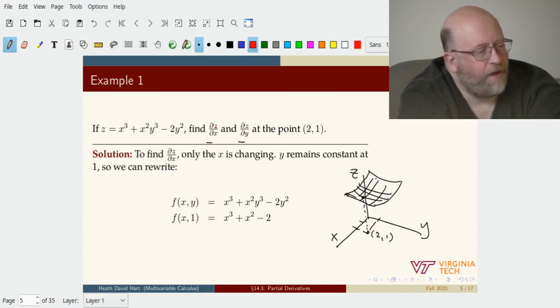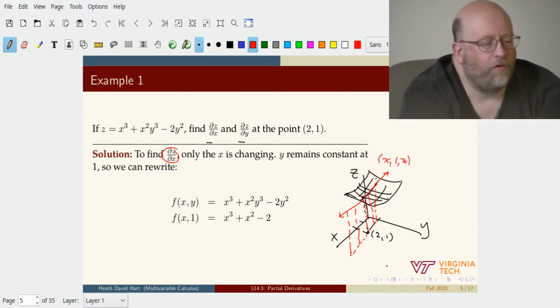So if we're trying to find the partial derivative in the x direction, that means we're looking for the tangent line to this point that goes parallel to the x-axis. And so the points that are on this tangent line all have different x coordinates, but they all have the same y coordinate of 1.